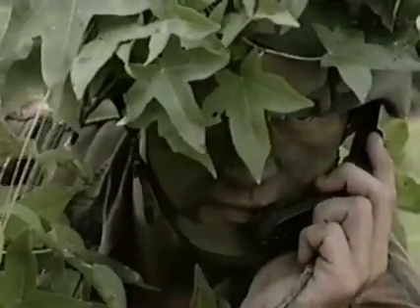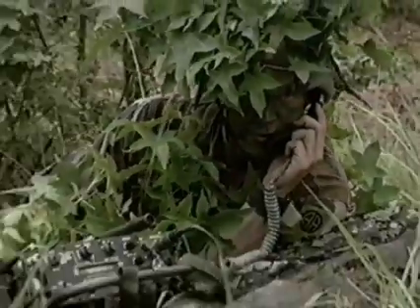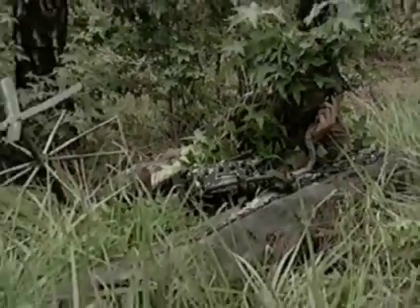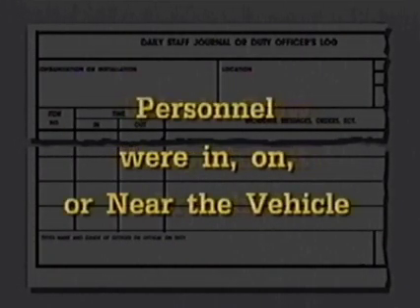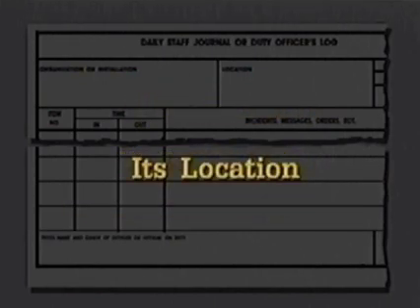Notify the chain of command that you were in, on, or near a vehicle when it was struck. The following information should be recorded in the unit journal: that the vehicle crew compartment was breached, what personnel were in, on, or near the vehicle, and its location.